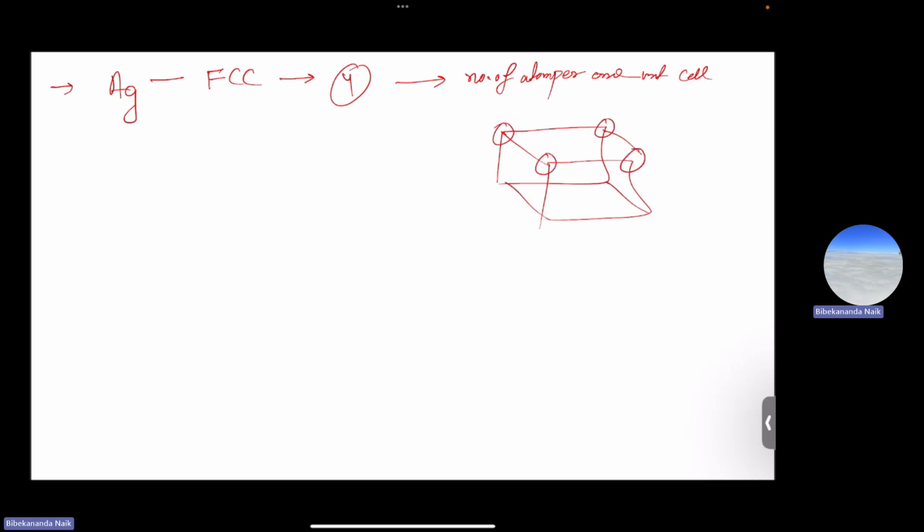At 8 corners we have 8, then on the faces we have 6. So this will be 8 into 1 by 8 plus 6 into 1 by 2, 3, so total 4. So the number of atoms per unit cell for an FCC structure is 4.